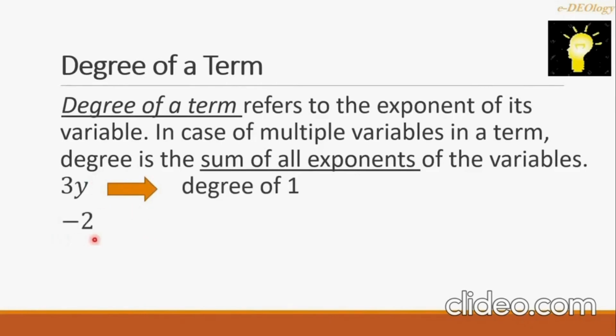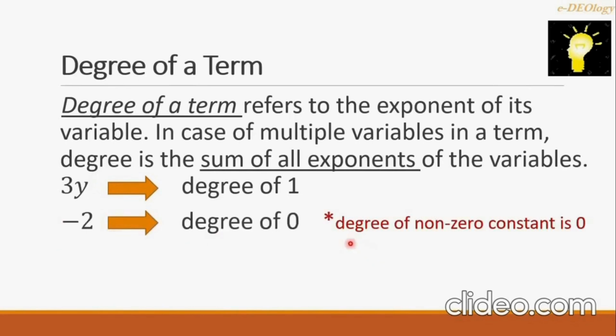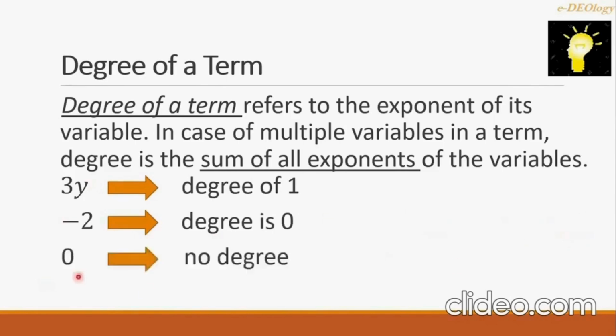A constant of -2, the degree is 0. As a rule, the degree of a non-zero constant is 0. Now what about 0? There is no degree for the number 0.